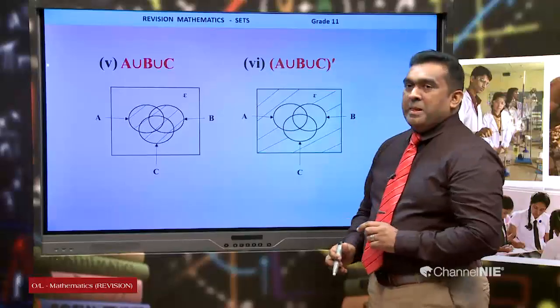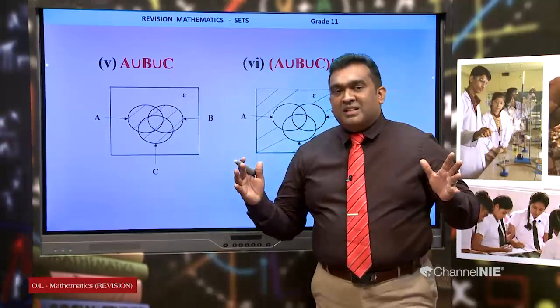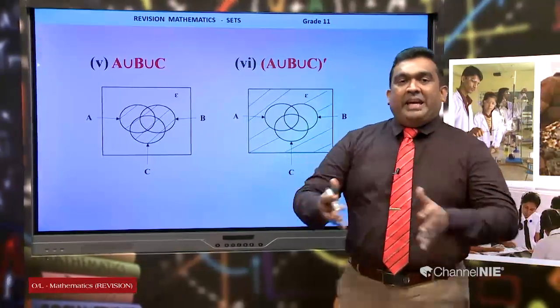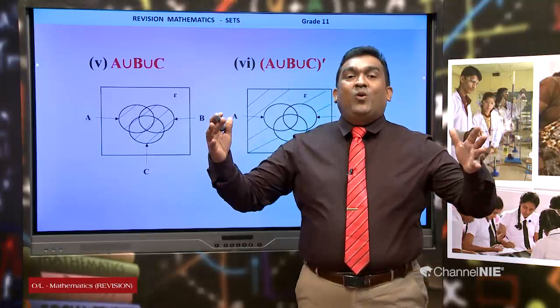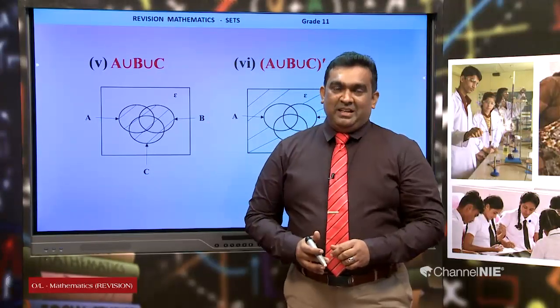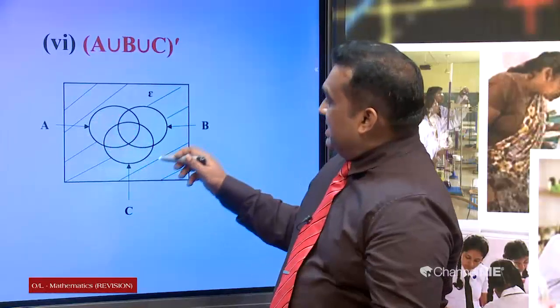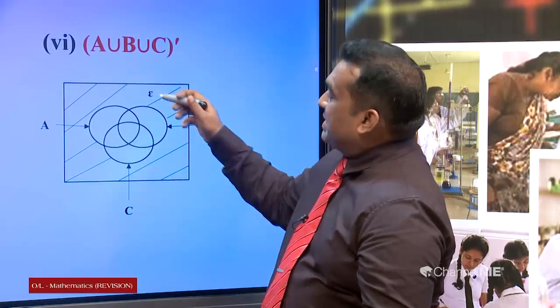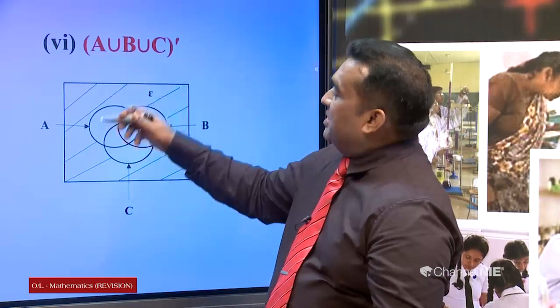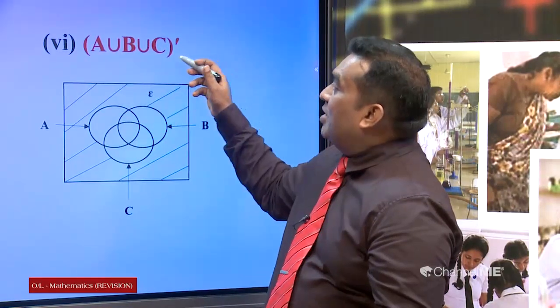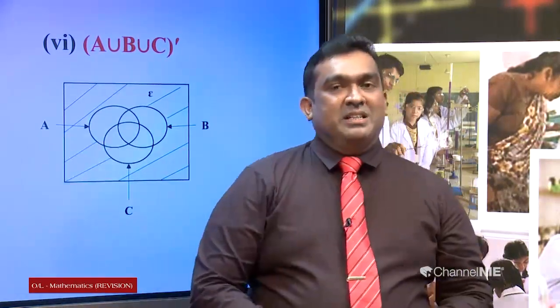Next one, complement of A or B or C, except all the sets, you can see the complement surrounding A or B or C. This is the region corresponding to this set notation.